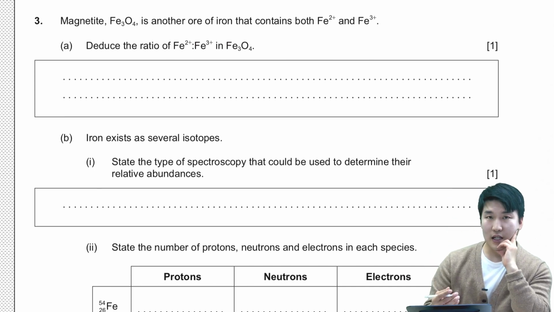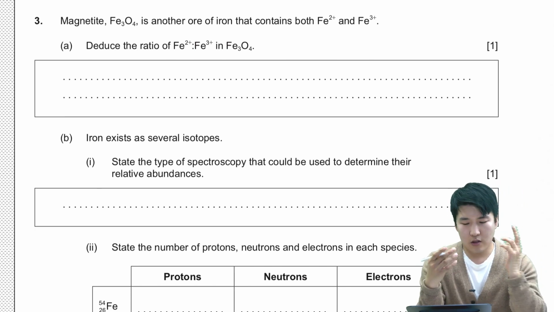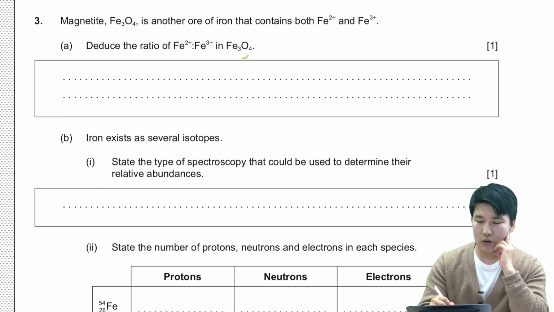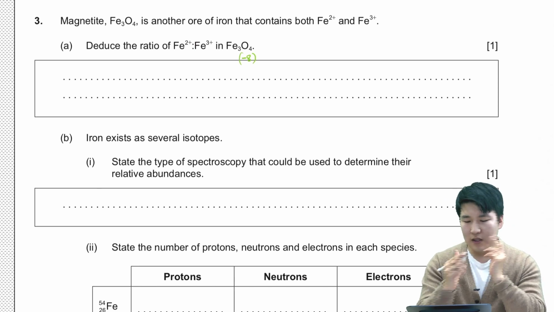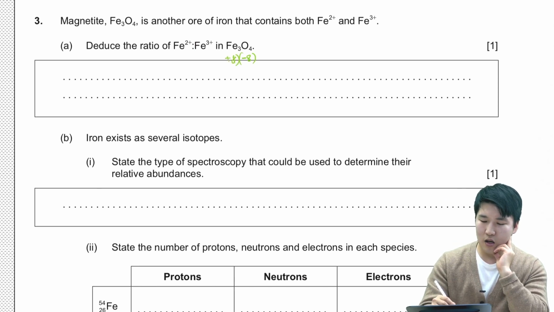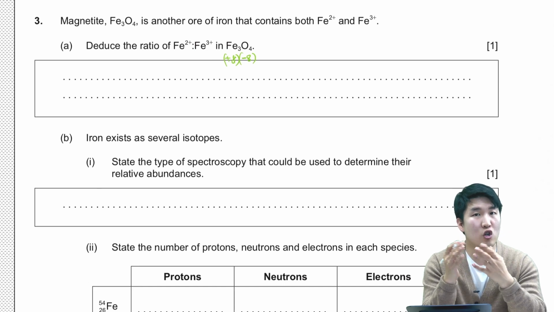Right, how do we work this out? Well, we have to look at how much the anions contribute to the ionic compound, and that would be -8 from 4 oxygens, which means +8 has to come from 3 ions. And it cannot be done by just Fe2+ or just Fe3+.